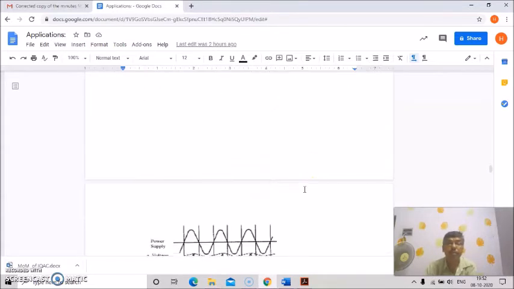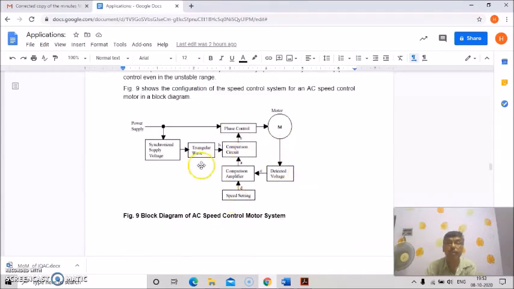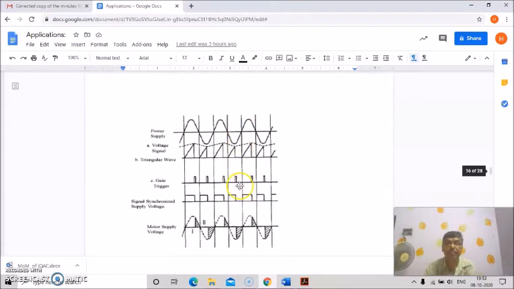Now this is the waveforms for each block: the power supply and the voltage signal, the triangular wave, the gate trigger, the synchronized supply voltage signal, and the motor supply voltage. That is shown in the block diagram, and this is the corresponding waveform.